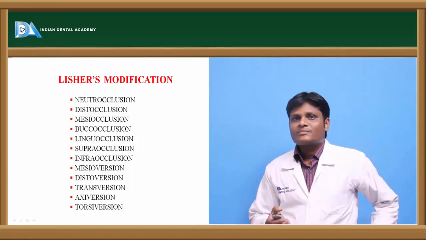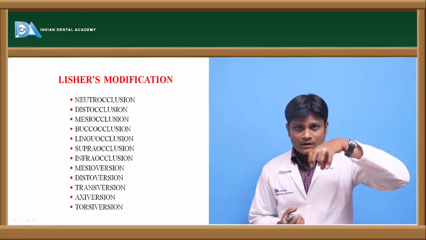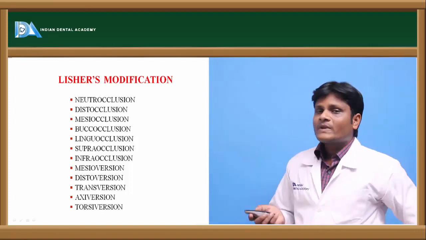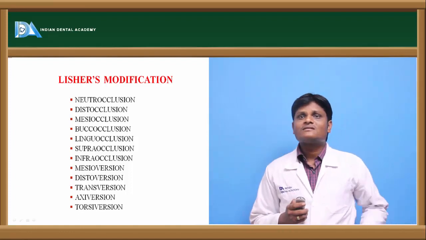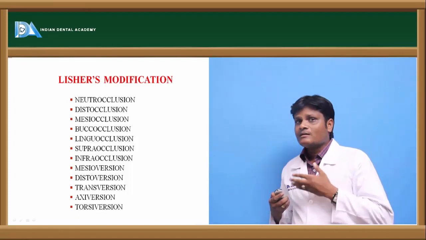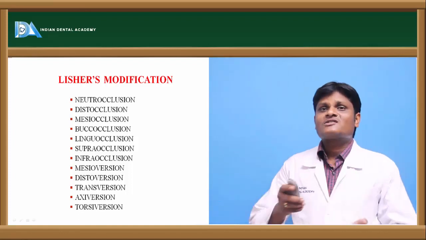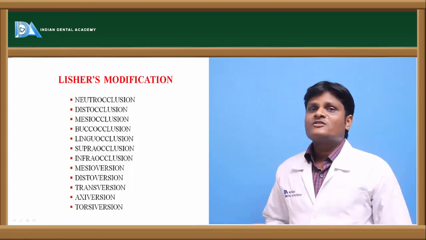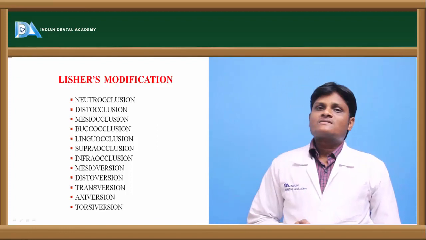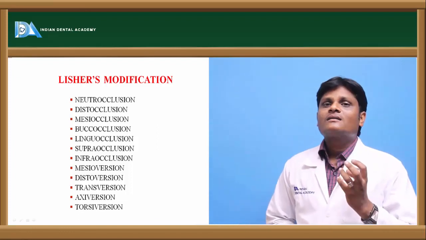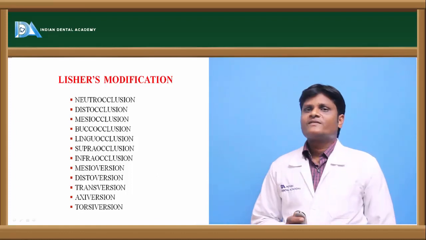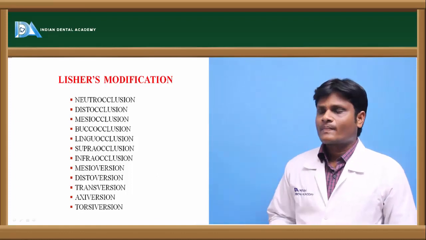Now, supra-occlusion means supra-erupted teeth; infra-occlusion means infra-erupted teeth, that means the teeth which have not yet erupted into the occlusion; mesioversion means the tooth is drifted mesially; distoversion, the tooth is drifted distally; transversion means transposition, interchange of position between two teeth; axiversion means abnormal axial inclination of the teeth; and torsiversion means teeth rotated on their axis. So these are the different terminologies that have been given by Lischer.